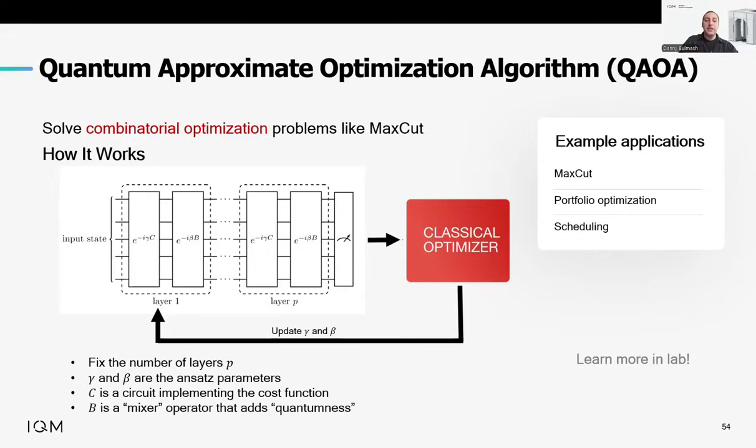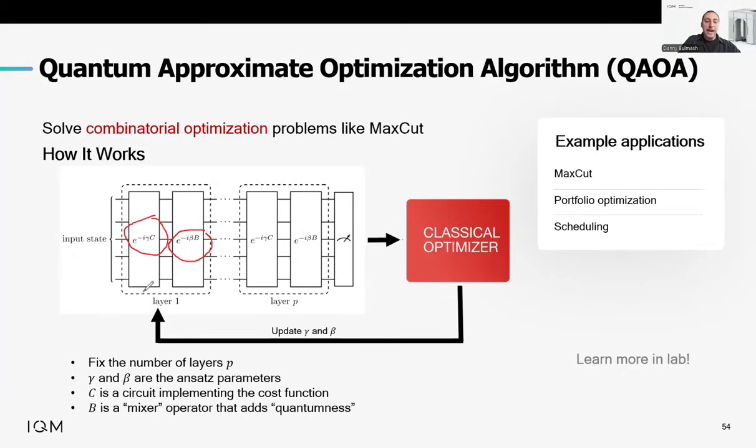And the idea here is that there's a very specific structure to the ansatz, where there are layers of the ansatz. We apply a quantum circuit that has something to do with the cost function, which is over here, to the input state, then something called a mixer Hamiltonian, a mixer operator that adds quantumness to that state.